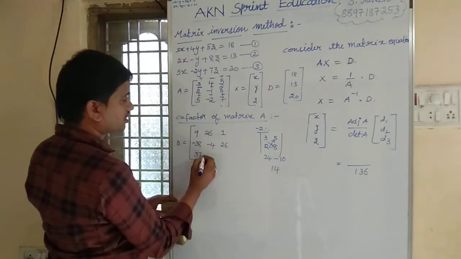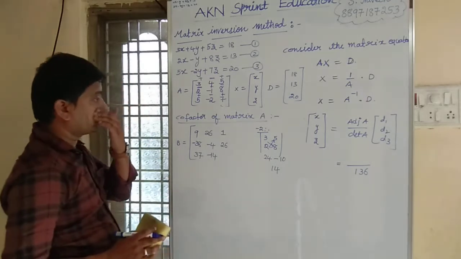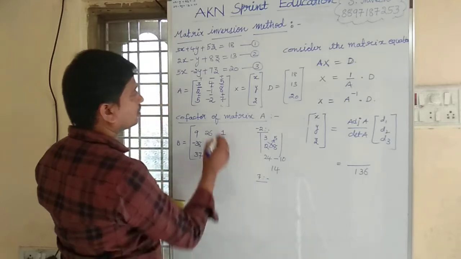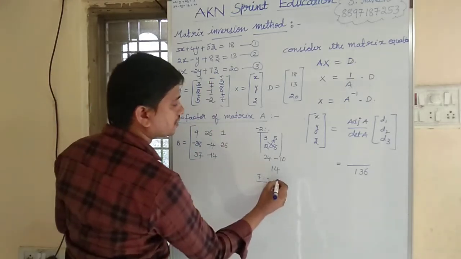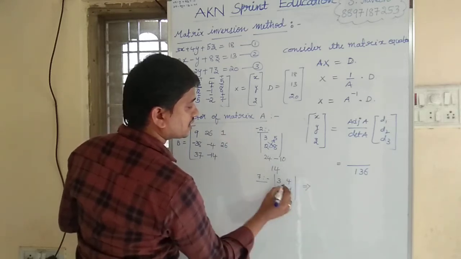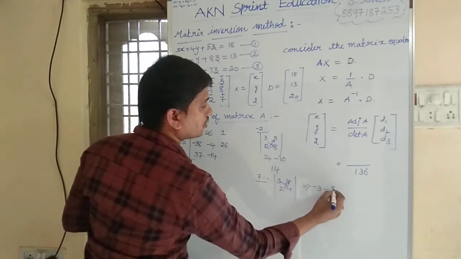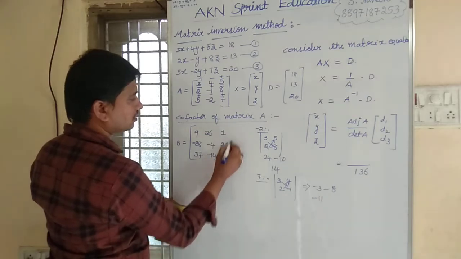Actually the sign is minus, so the answer is minus 14, children. At last we have the element 7. What is the cofactor of element 7? That corresponding column, corresponding row you remove. 3, 4, 2 minus 1. That is 3 into minus 1 minus 3 minus 2 into 4, 2 4 is 8. So the answer is minus 11.